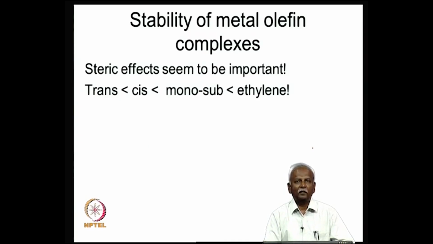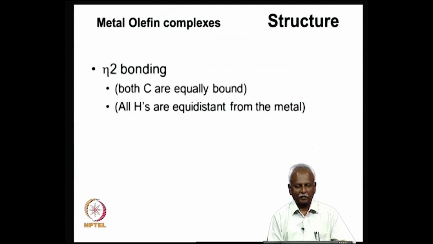And of course, when you have no electronic effects to talk about, ethylene is the best ligand, and the ethylene complex is in fact the best system to study. So, the steric effects play an important role, and we will see in a few minutes why this is the case. Let us take a look at the complexes in greater detail, the structural aspects.